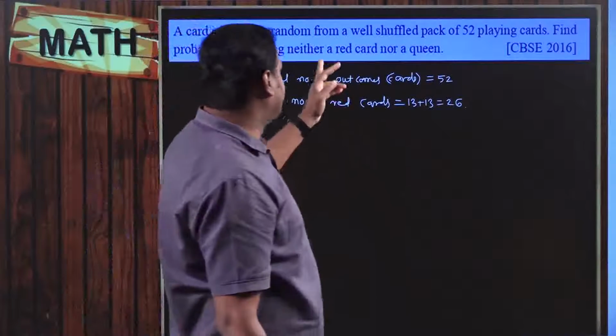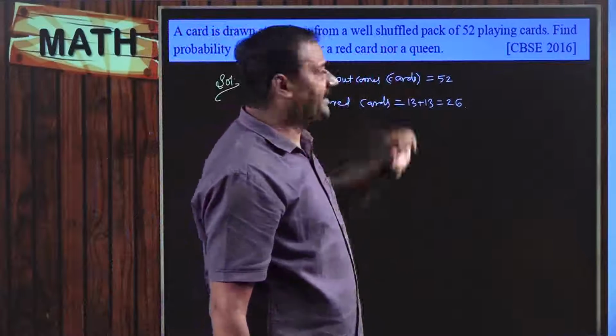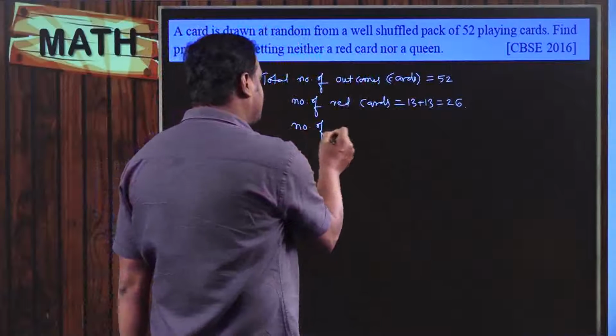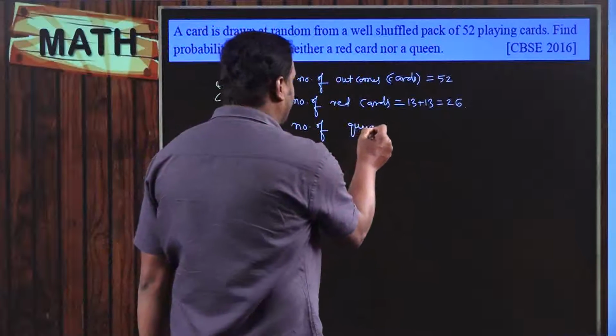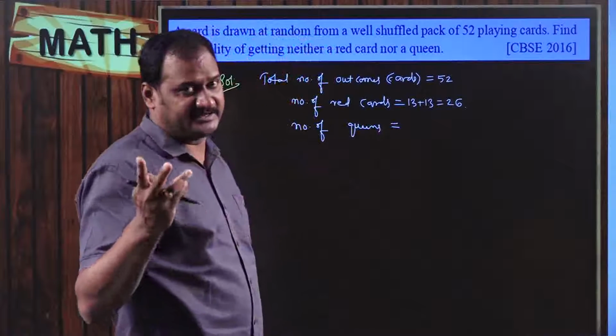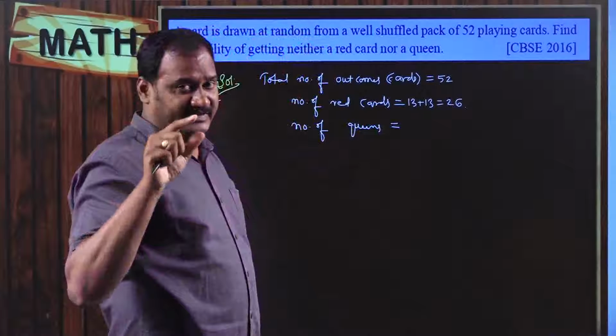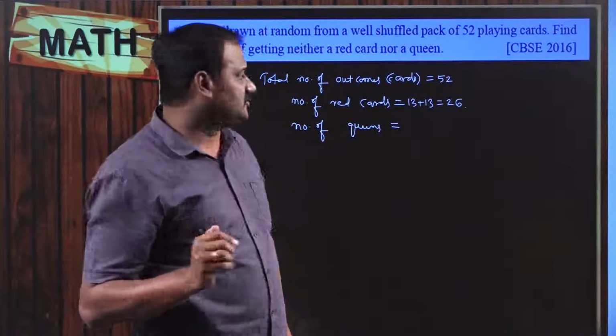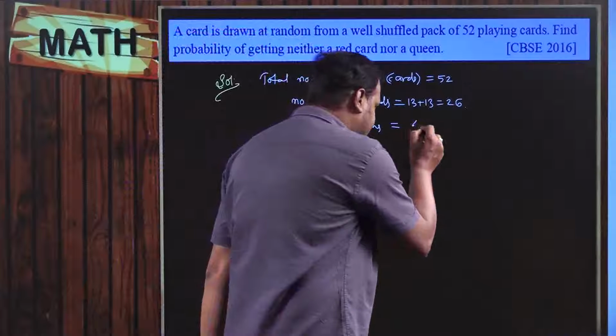And nor a queen means, how many queens are there in total? There are totally 4 queens, because in every set of 13 cards, one queen is there.